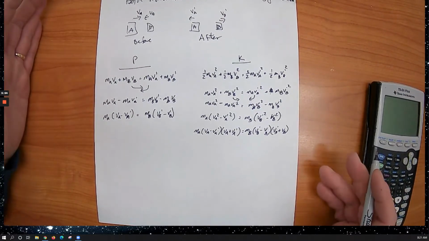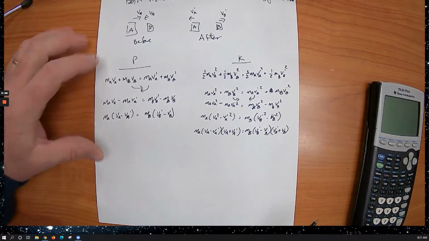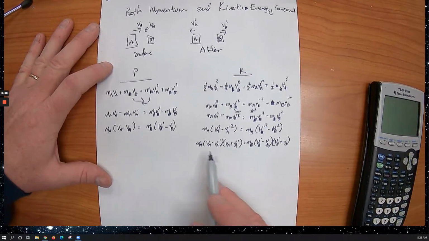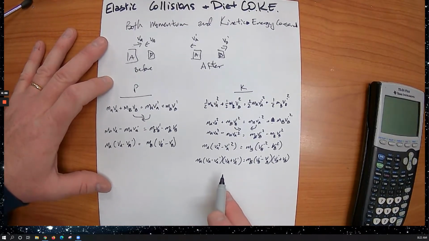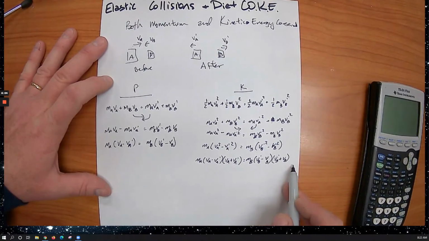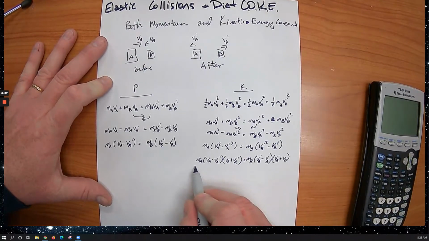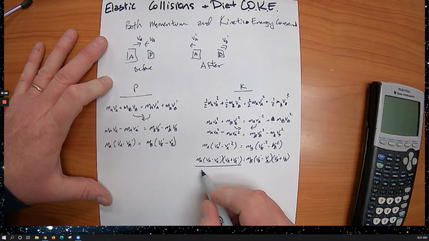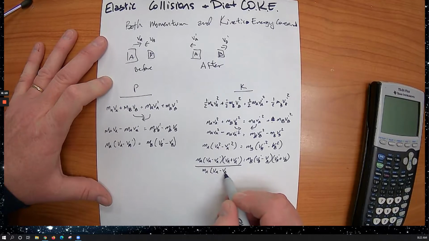Now what's the point of this? I also remember learning in algebra that you can take an equation and divide both sides by the same number. So I'm going to take this big ugly looking equation and divide both sides by the same number. The number I'm going to choose is MA quantity VA minus VA final.